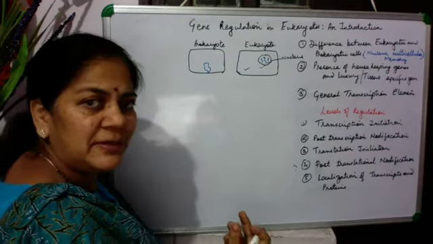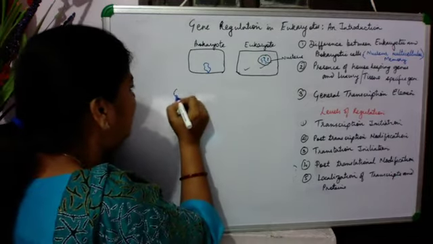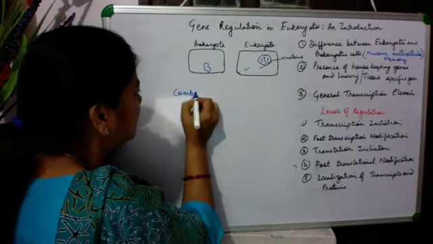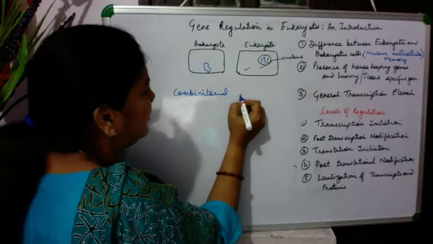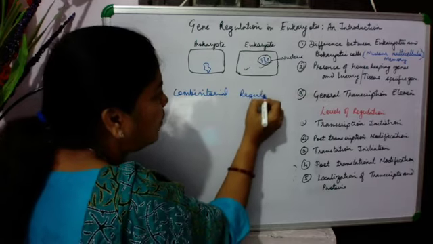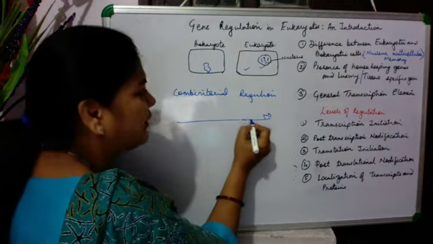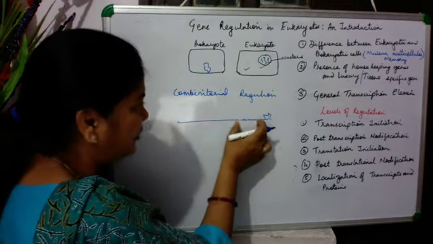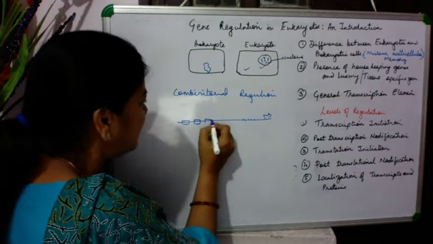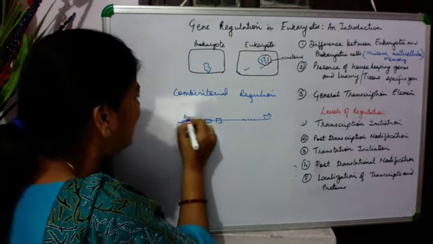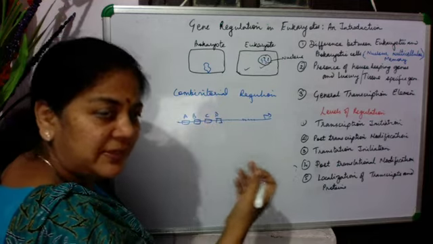One important regulatory mechanism in eukaryotes we call combinatorial regulation. What it means is that a gene, apart from the regular promoter region over here, has different elements to which different factors bind: A, B, C, D, different factors binding to different regions.